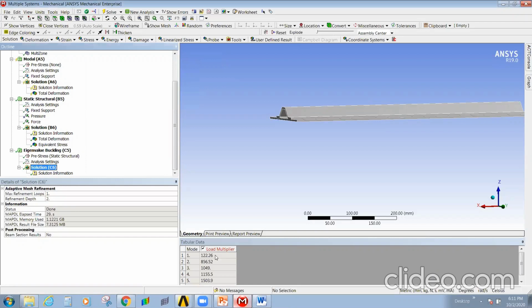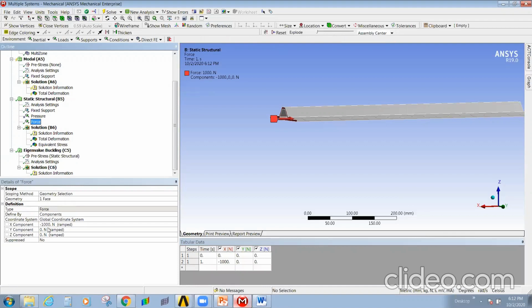So now we can see there is a difference between when you apply a load and a pressure. Okay, so that is the difference. Now the load multiplier is 122.26.